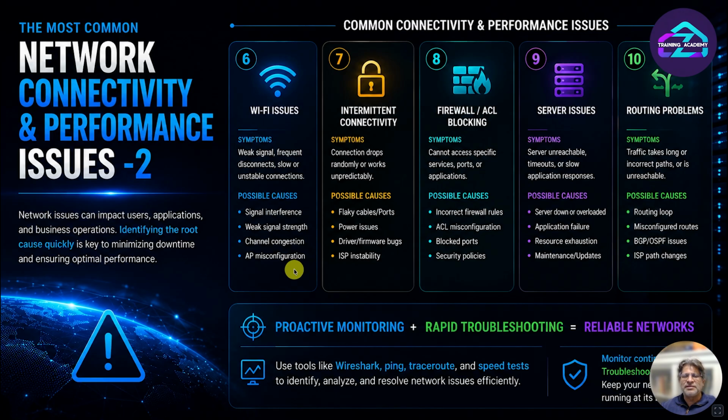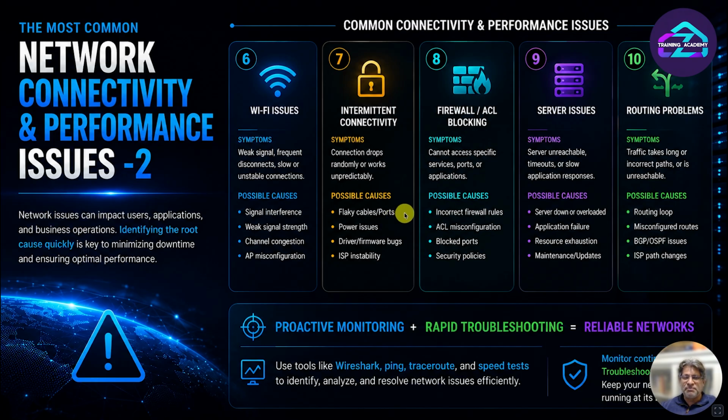If you have intermittent connectivity issues, connection drops randomly or works unpredictably, that could be due to flaky cables and ports. So this is not to be taken lightly. I remember going to one place and the connection was really, really flaky. And then we realized that, hey, when you go up where the cables were running, it was being affected by interference with other electrical wiring that was there in place.